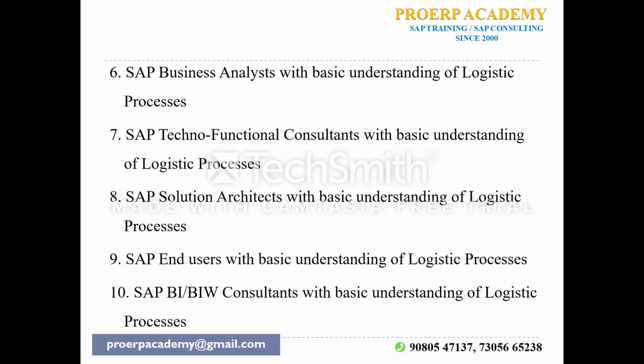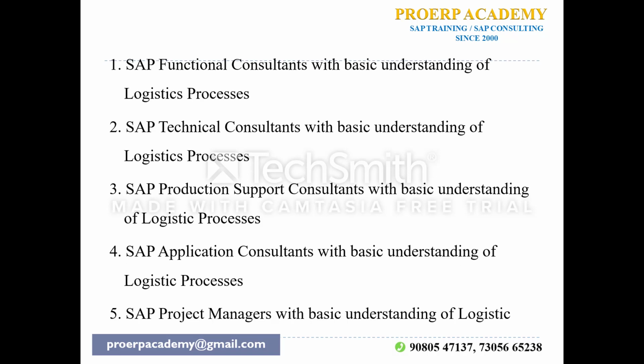Because in our previous videos we have discussed the logistics processes. What are logistics processes? Logistics processes include different combinations of different logistics modules. For example, the Material Management module is one of the logistics modules.